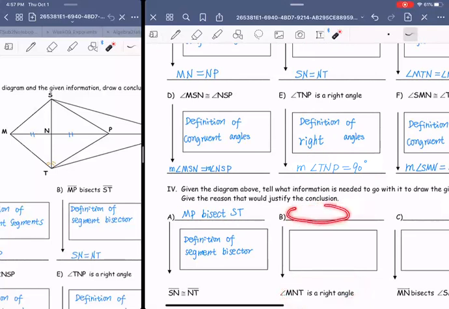But you can also say two lines are perpendicular, and then say perpendicular lines form a right angle. Can you also write the definition of right angle? Yes, you can also do that. But probably they prefer to say something perpendicular to something, and then perpendicular lines form a right angle. I'll do that.